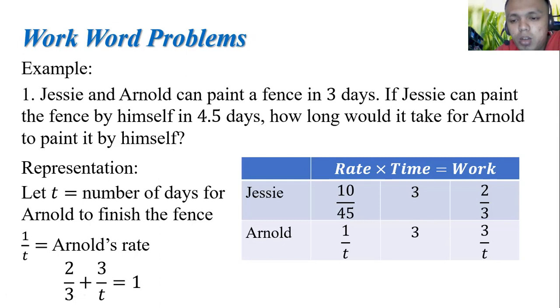If we combine the work of Jesse and Arnold, we have 2 over 3 plus 3 over T equal to 1. This 2/3 came from 10 times 3 is 30, so we have 30 over 45, then get the lowest term of 30 over 45, and that is 2/3. That's why we have 2/3 here.